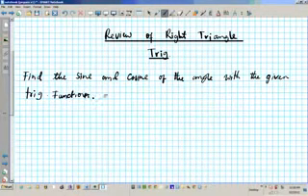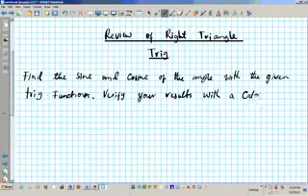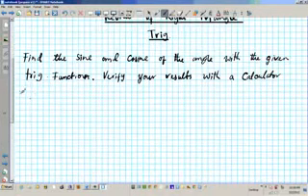And then verify your results with a calculator. Okay? Alright, so let's take a look at example one.